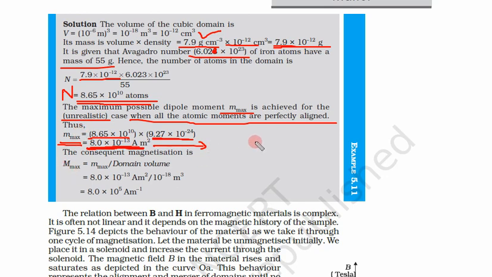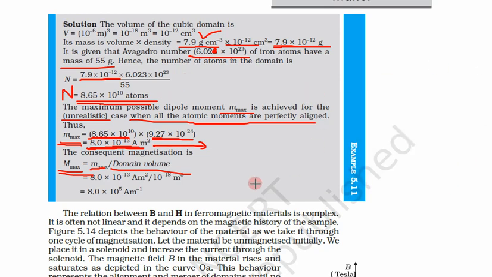Now we have to calculate magnetization, M. You know M is equal to small m upon volume. If this is max, this would also be maximum. Maximum magnetization is equal to maximum magnetic moment divided by domain volume. The domain volume we have already calculated, that is 10 to the power minus 18 meter cube.